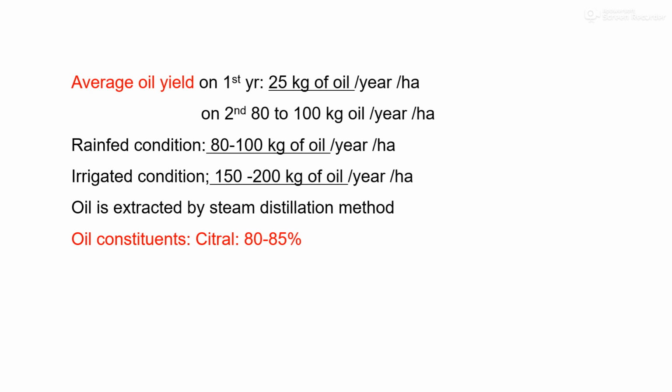In rainfed condition the yield is again up to 80 to 100 kg of oil per year per hectare, while in irrigated conditions it is 150 to 200 kg of oil per year per hectare. Oil is extracted by the steam distillation method and the oil constituent is citral, which is 80 to 85%.